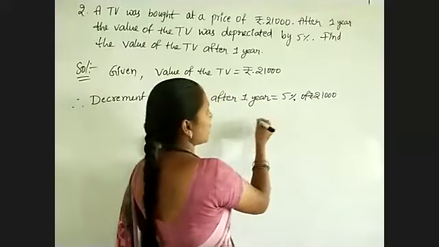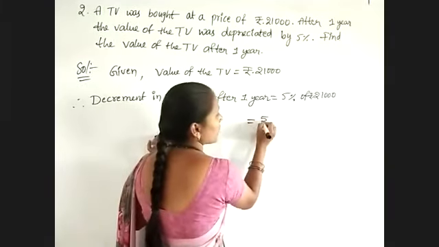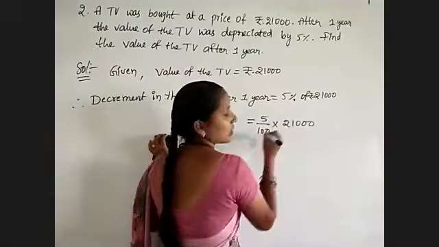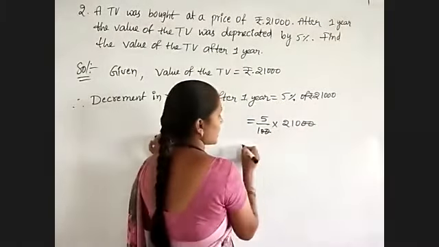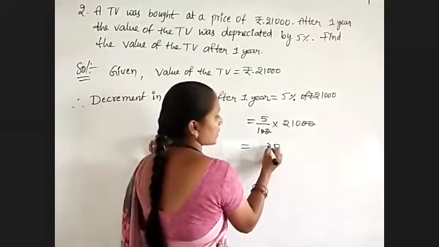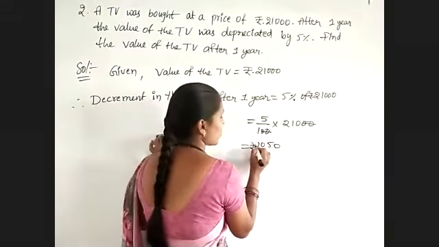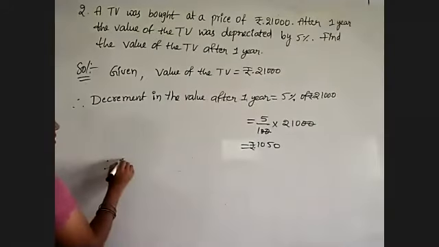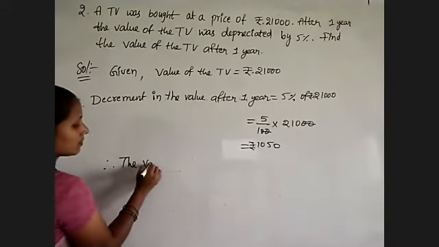That is equal to 5 by 100 into 21,000. 2 zeros will get cancelled. 5 into 0 is 0, 5 ones are 5, 5 twos are 10. So 1,050 rupees were reduced.